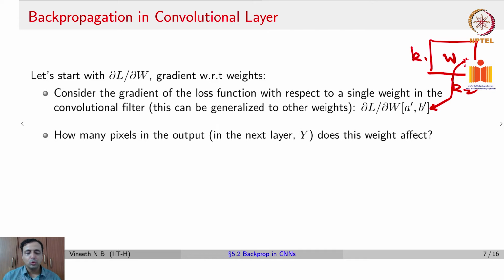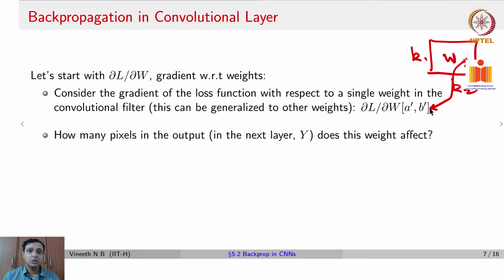To do this, let's ask the question: if you used a filter W in a convolutional layer, how many pixels and which pixels in the output, or the next layer Y, does that particular weight value affect?